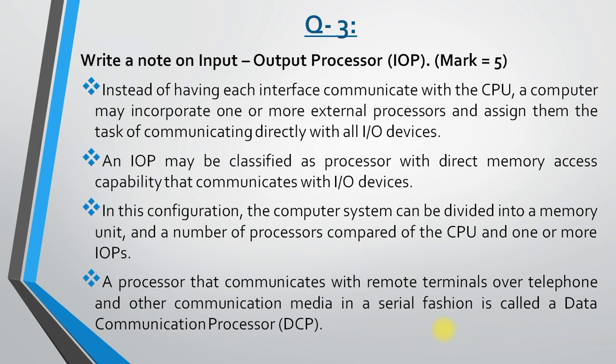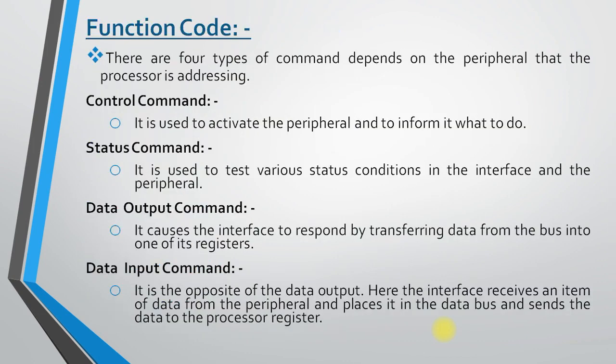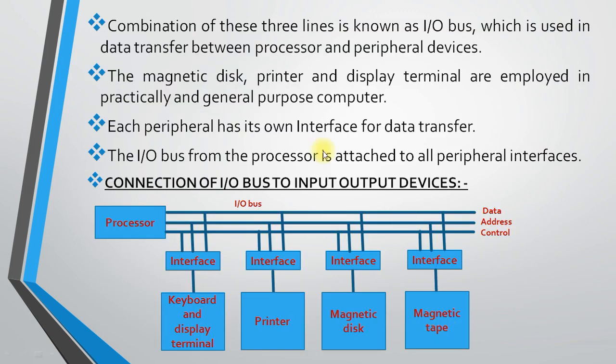Let me explain this point. In the previous session we learned the block diagram of the connection between CPU and memory. Over here, CPU is connected with memory. Similarly, in the previous diagram, the processor is connected using a bus, which is called the IO bus, to the interface.